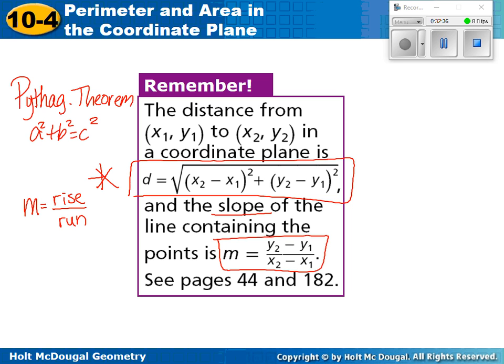So remind me, what did they tell us on the notes? The coordinates were for G and H. Okay, so we're going to do distance formula from G to H. So what am I going to plug in for x2 minus x1? What am I going to write down here?